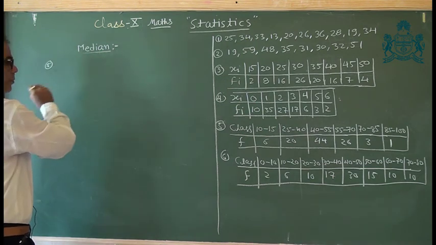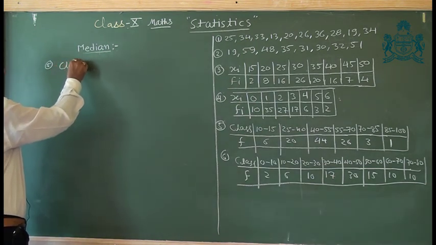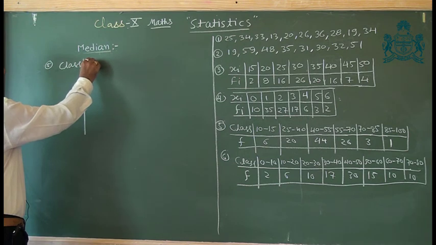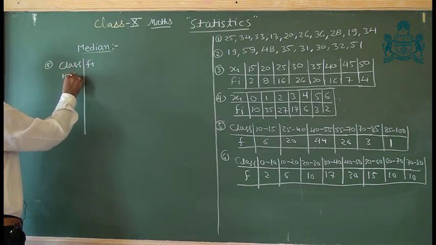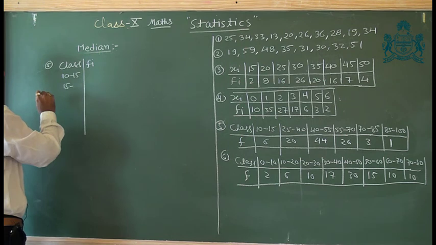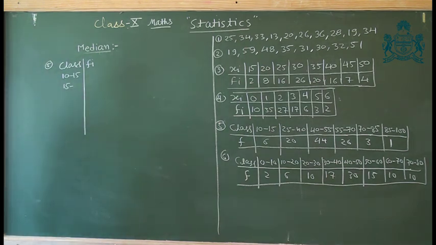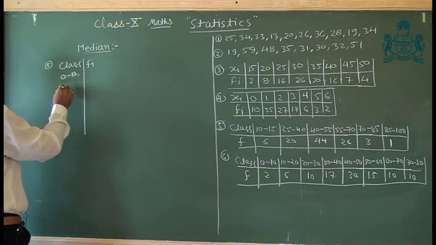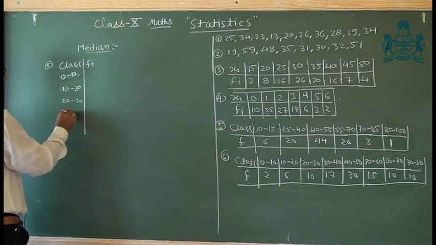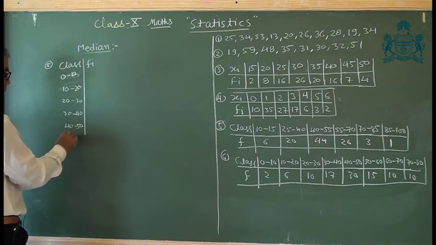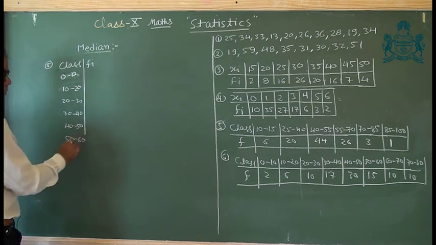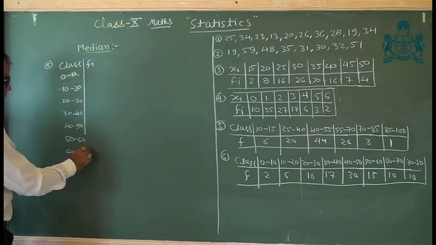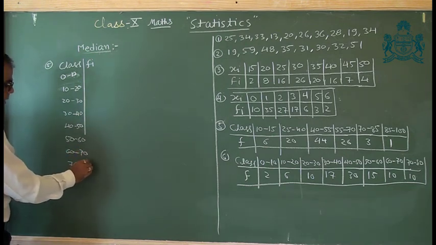Fifth question. Class: 0 to 10, 10 to 20, 20 to 30, 30 to 40, 40 to 50, 50 to 60, 60 to 70, and 70 to 80.